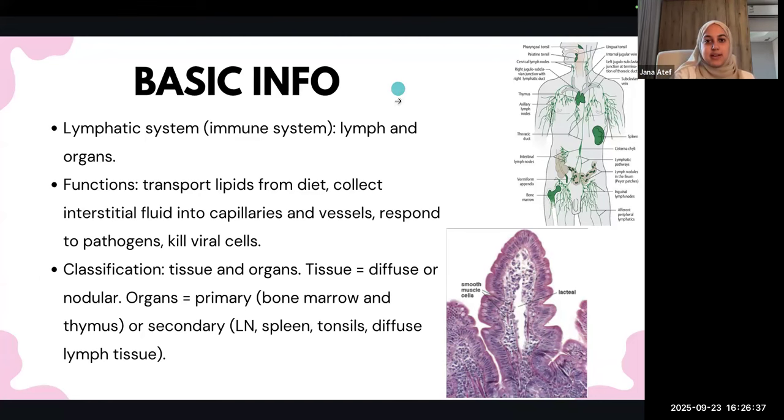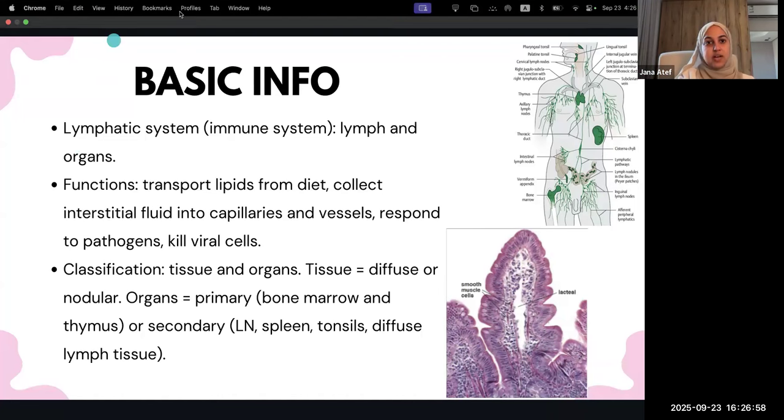Perfect. Now for the lymphatics. I'll tell you guys one thing before we start. There was one question in the OSPE from the lymphatics, which was the histology of a thymus. We're going to talk about the thymus gland right now. I studied this lecture very well, because it was very interesting to me.